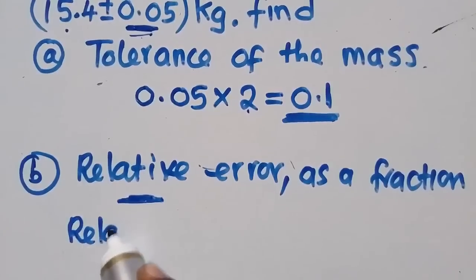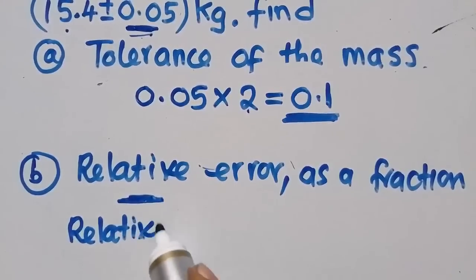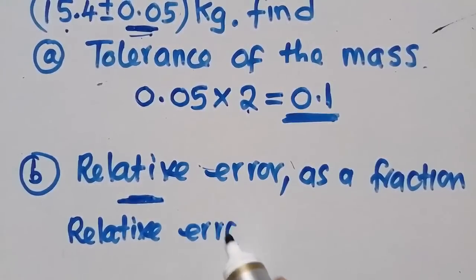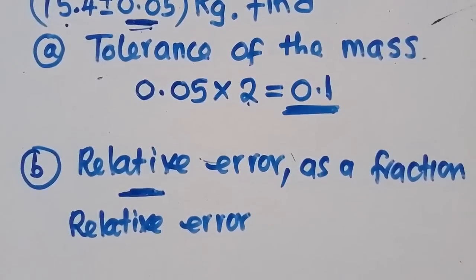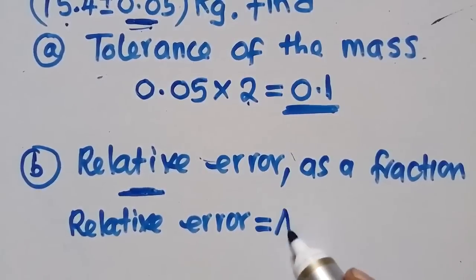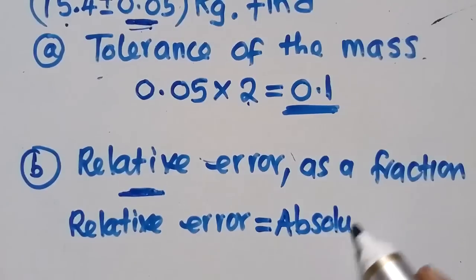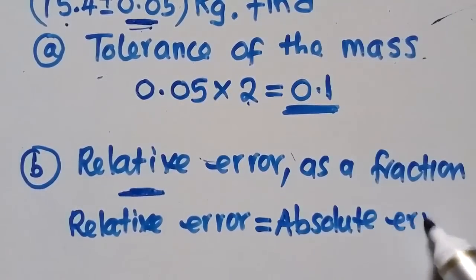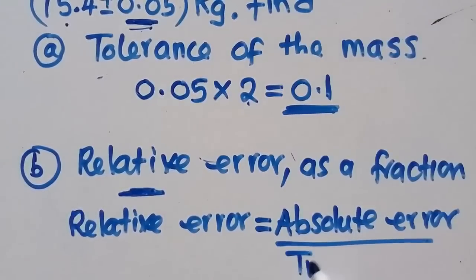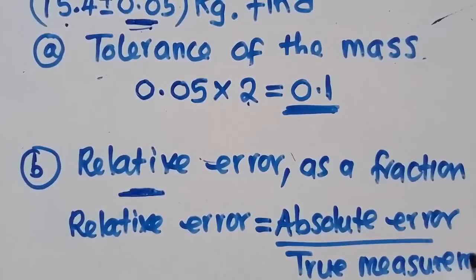How do you find the relative error? The formula is: relative error is equal to absolute error over true measurement. Over true measurement.